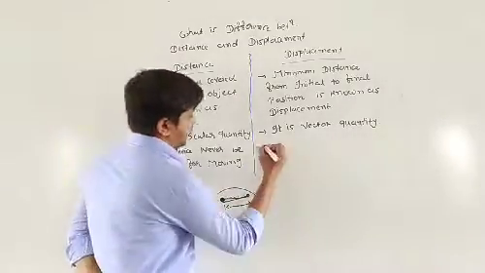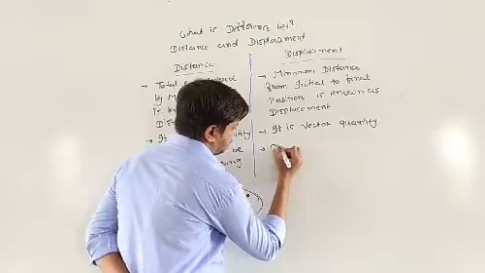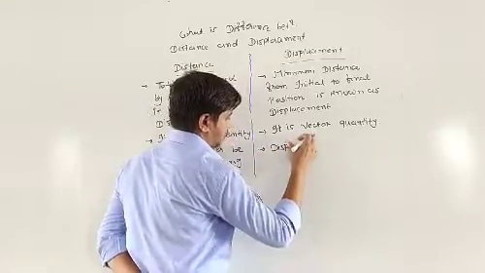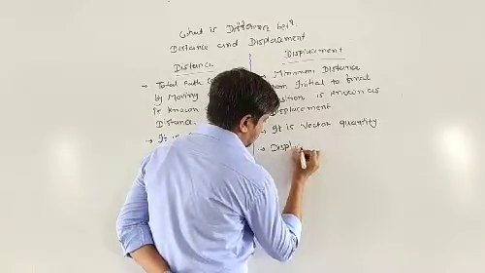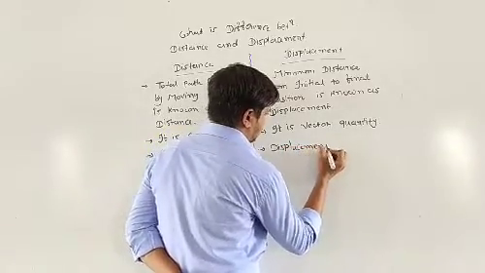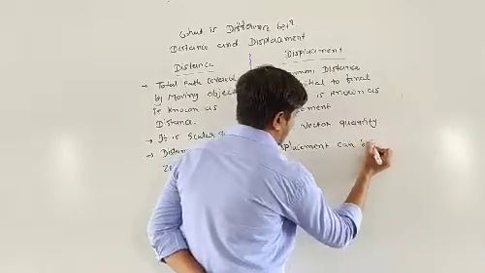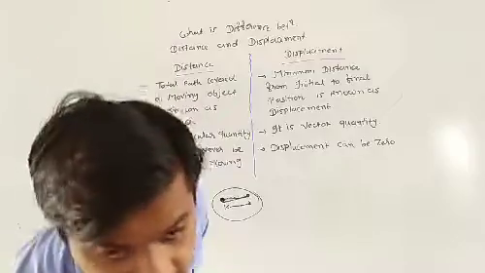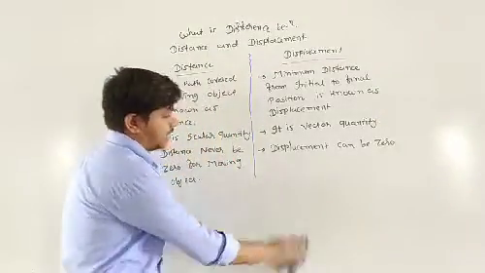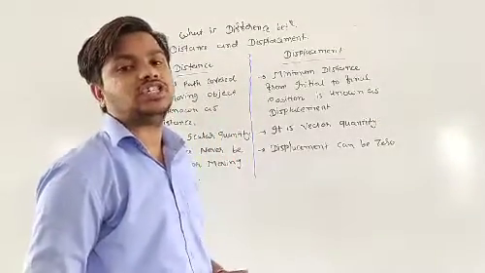While displacement can be zero. When can we say that the displacement is zero? When the object comes back to the initial position.